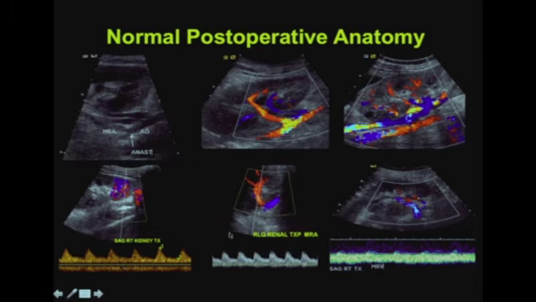And we also do assess velocities as well. Here we see normal waveform within the intrarenal portion of the main renal artery, and we also assess venous anatomy, the main renal vein, as well as the iliac vein or IVC, depending on what anastomoses were performed.